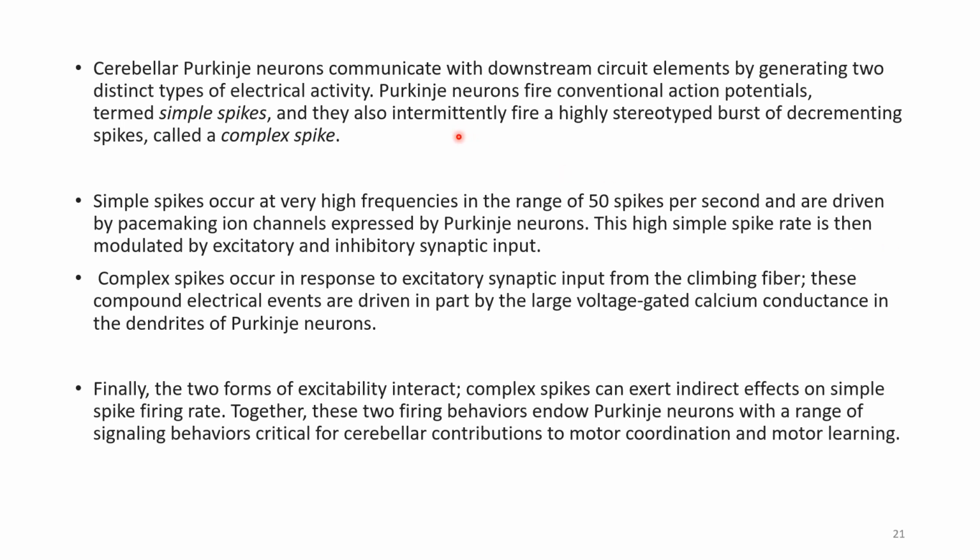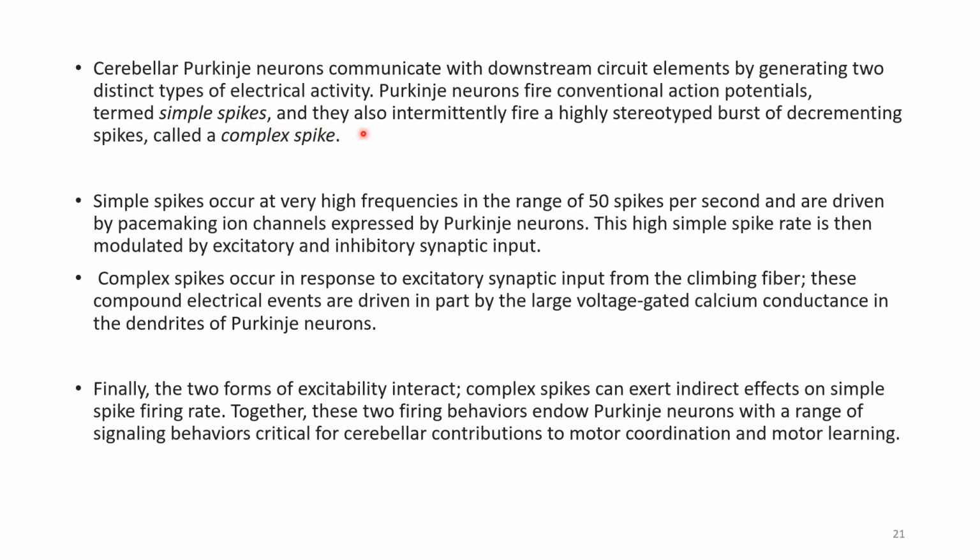Cerebellar Purkinje neurons communicate with downstream circuit elements by generating two distinct types of electrical activity. So this is the communication of the Purkinje neuron downstream. The Purkinje neurons fire conventional action potentials, which are called simple spikes.